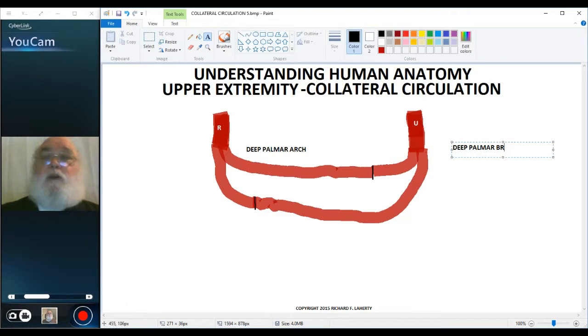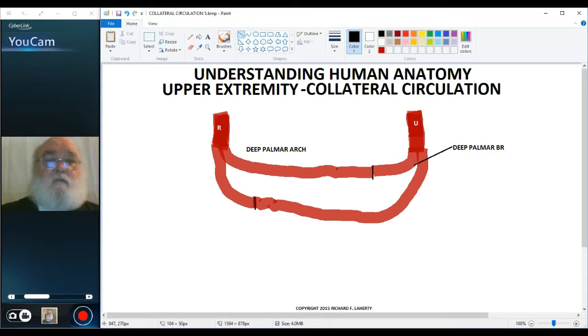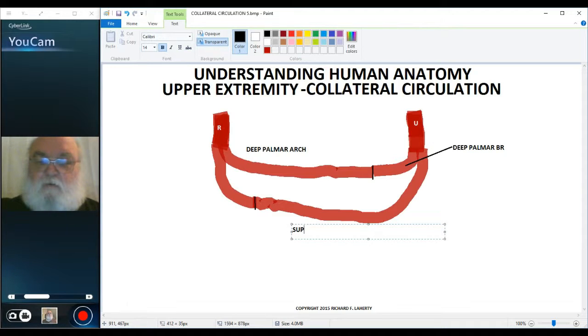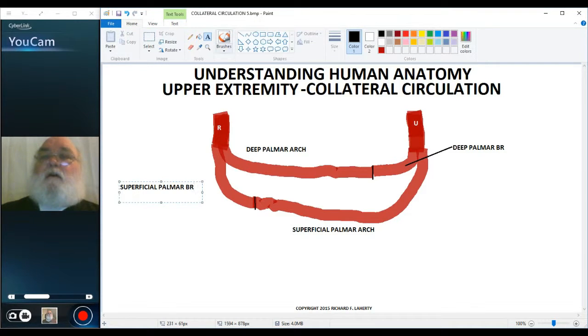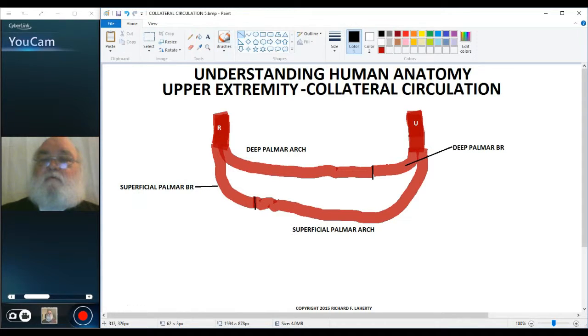And the deep palmar branch, and down here we'll have the superficial palmar arch, and over here the superficial palmar branch. And again, I'll draw a line to it.